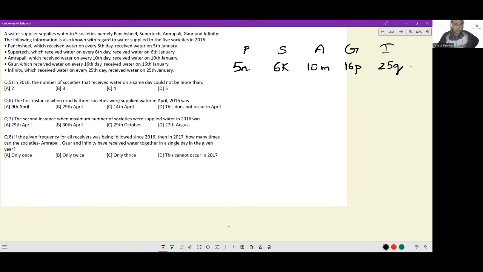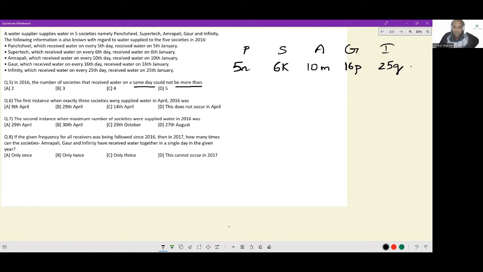Let's go through individual questions. First one. In 2016, the number of societies that received water on the same day could not be more than. Because we have 5. See, if P receives water on every 5th day, S on every 6th day, A on every 10th day, G on every 16th day, and I on every 25th day, they will all receive water after the LCM of number of days.